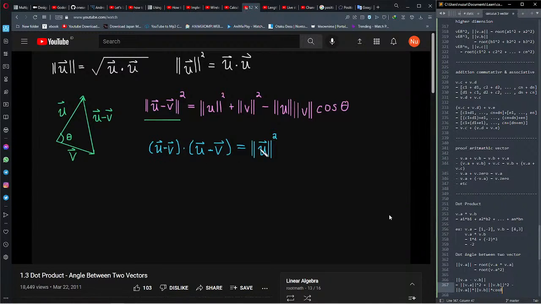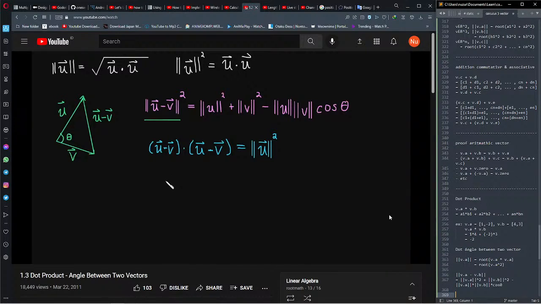So u dotted with minus v, that's minus u dot v. And then we have minus v dot u, but like I just said, the dot product is commutative, so when we add those two together, we just get minus 2 u dot v.